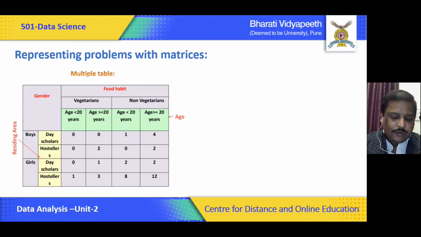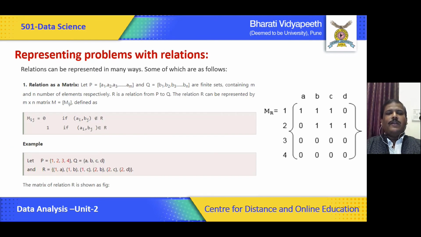I think this is clear. Next, representing the problems with relations. Now, we are not collecting only data. You might have come across database management and relational database management systems. In that, we extract data and we have to maintain the relationships among them.